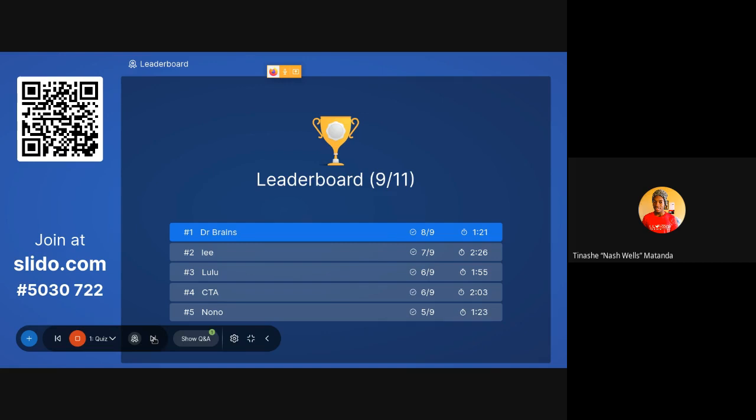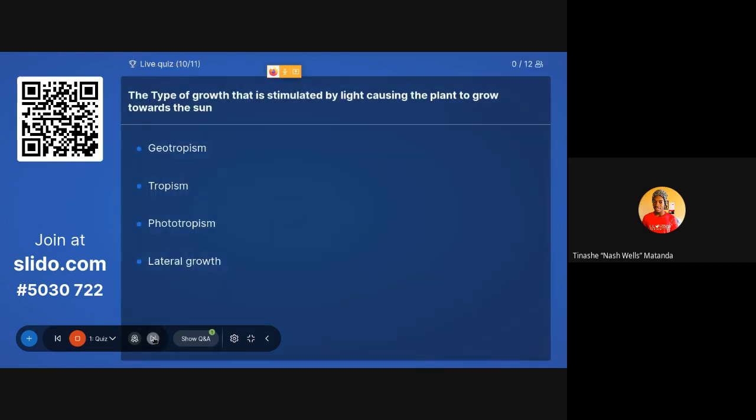Right. Next question. The type of hormone which is stimulated by light causing the plant to grow towards the sun. What's the name of that type of growth? Type of growth stimulated by light causing the plant to grow towards the sun. Sounds deep.